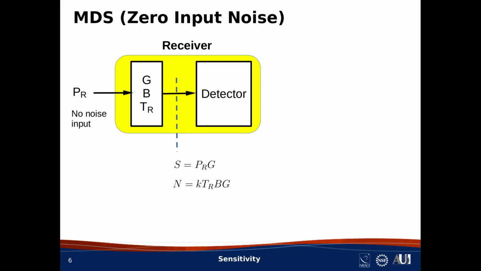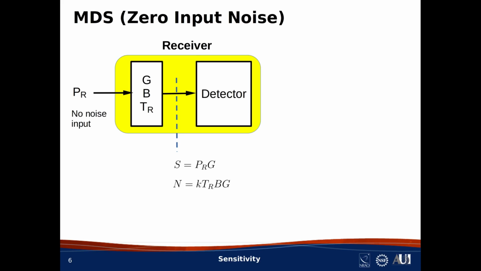First, we calculate the signal power, S, and this is just P sub R times the gain of the receiver, G. The associated noise is k, which is Boltzmann's constant, times T sub R, and then times the bandwidth, B, and that gives us units of power.